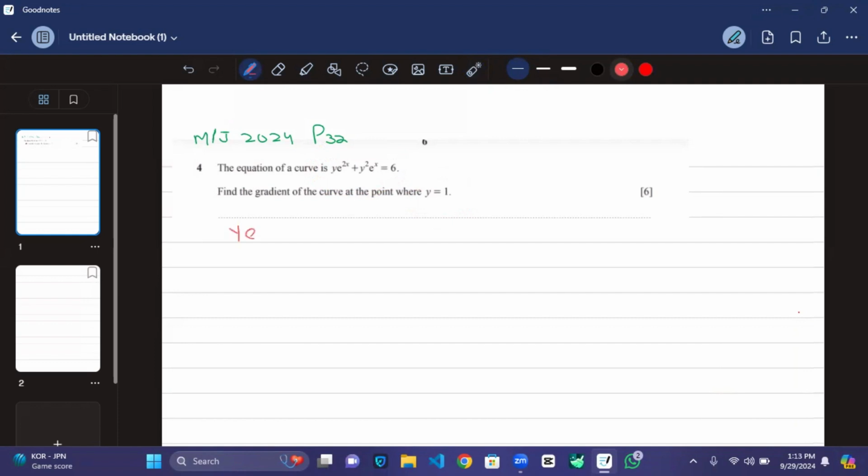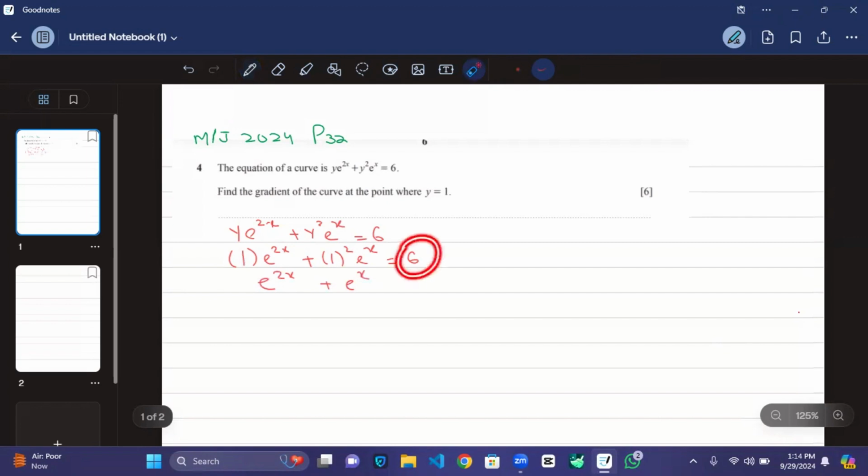y e to the power 2x plus y squared e to the power x is equal to 6. So it will become 1 e to the power 2x plus 1 squared e to the power x is equal to 6. It will be e to the power 2x plus e to the power x, and let's take 6 on the other side: minus 6 is equal to 0.